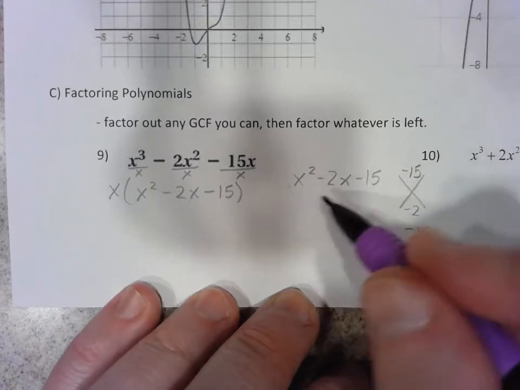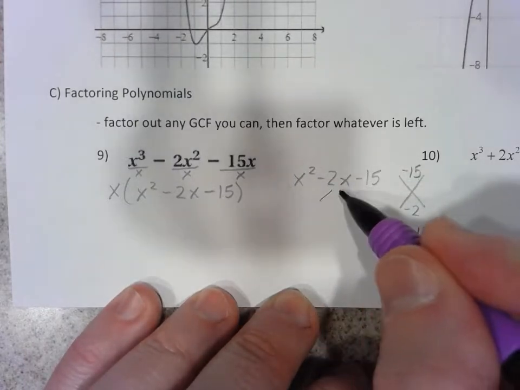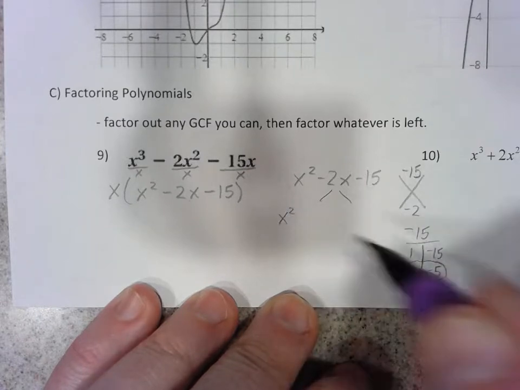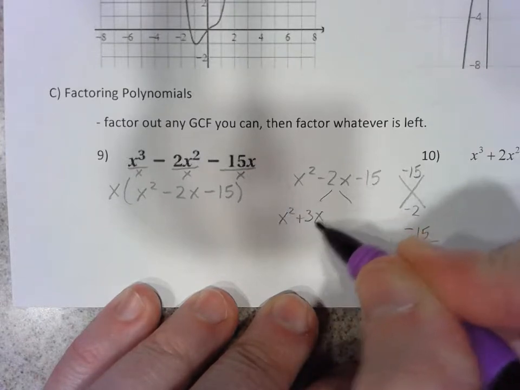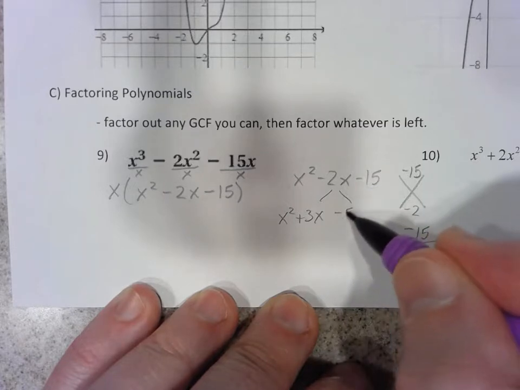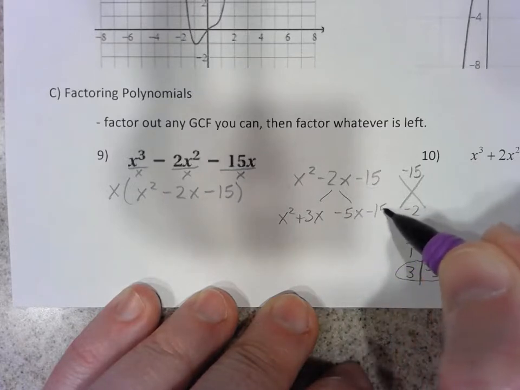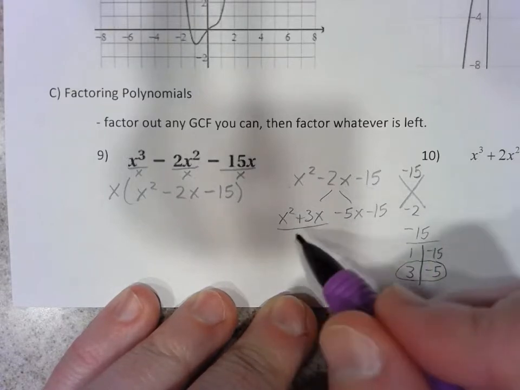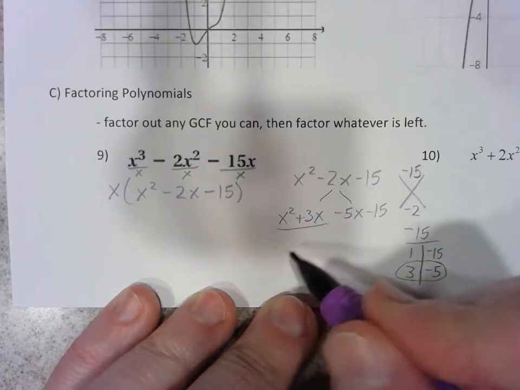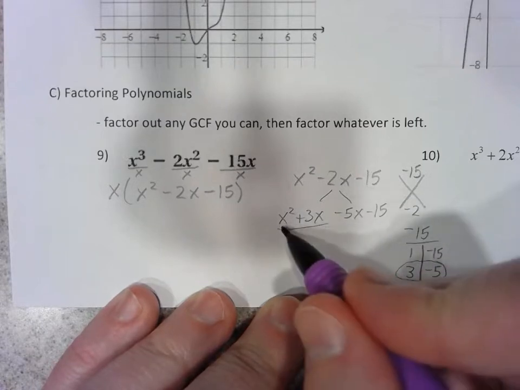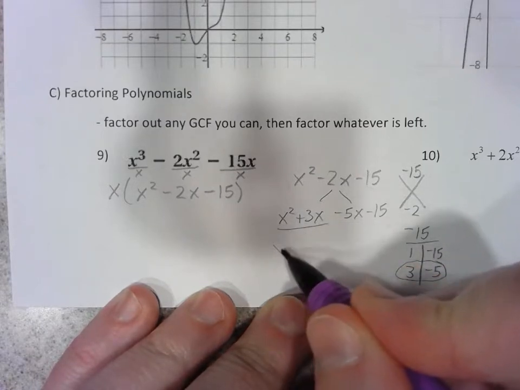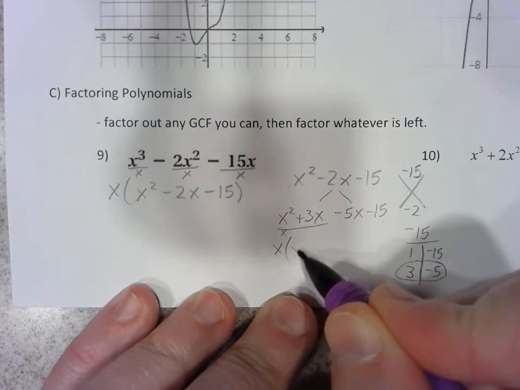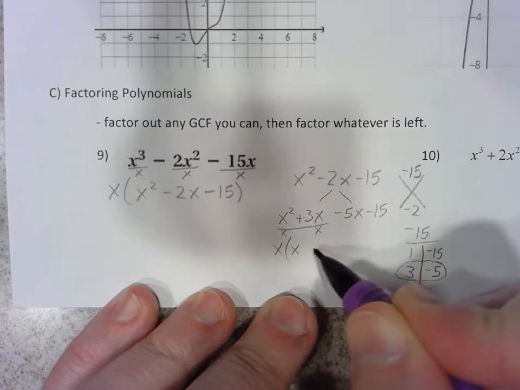So negative 2x can separate, so I have x squared, and then I have plus 3x minus 5x minus 15. So the first 2 terms, the common factor of those 2, so now I'm factoring by grouping. X squared and 3x both have a factor of x. X squared divided by x is x. 3x divided by x is 3.